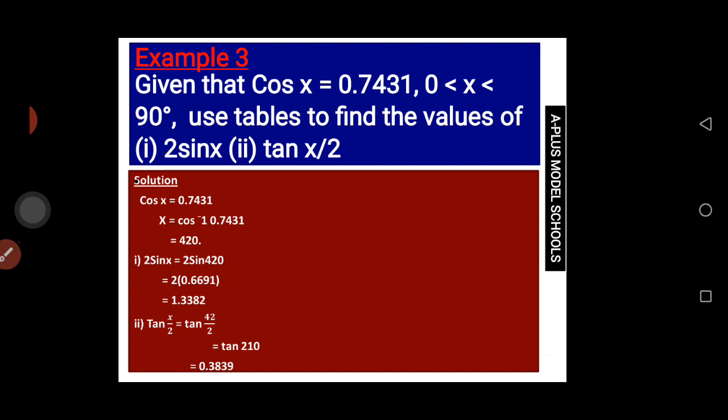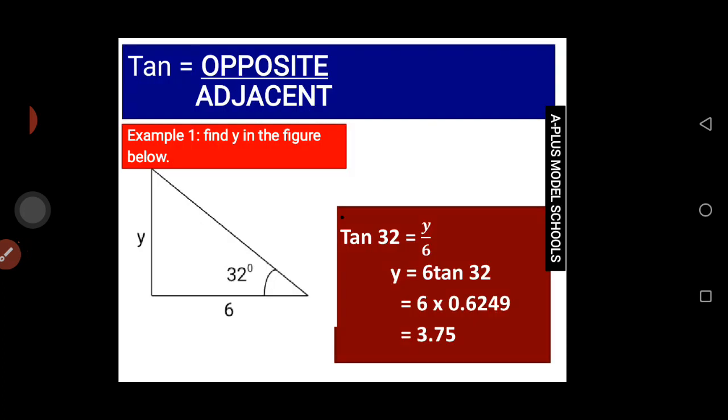So check tan 21 degrees under your 4-figure table. When you check it, that will give you 0.3839. So that is for the third example.